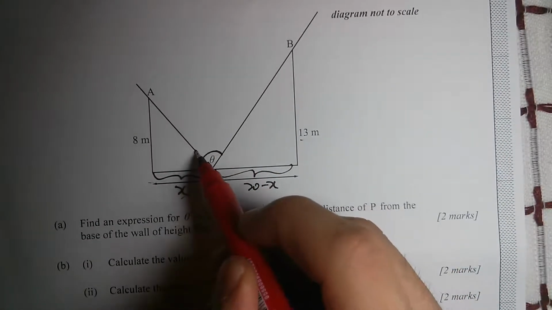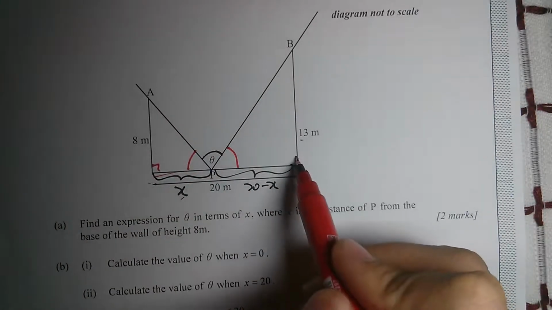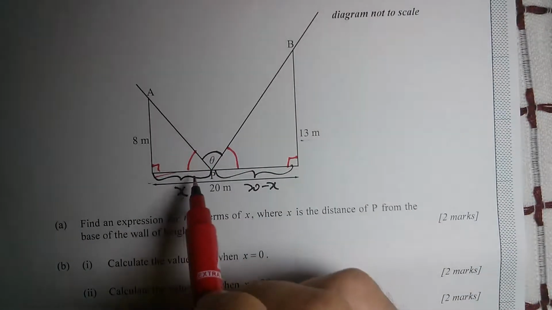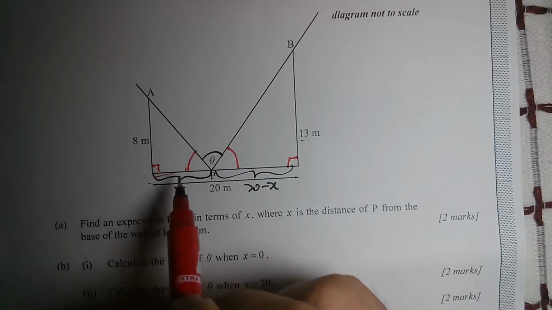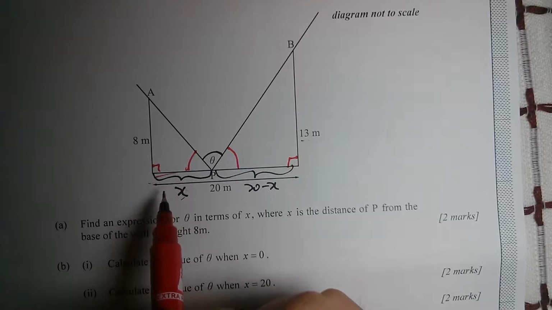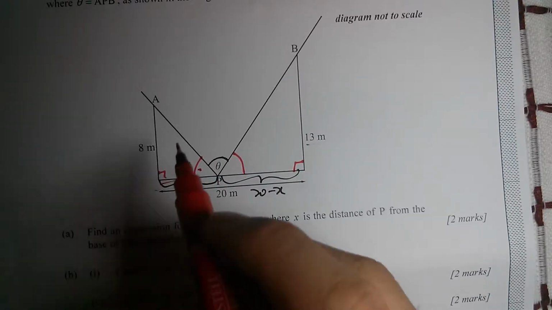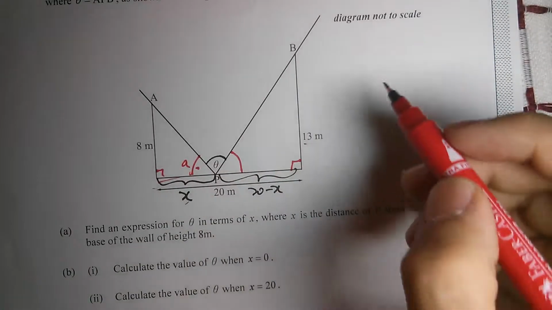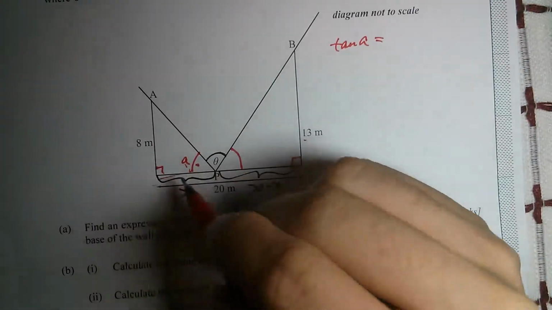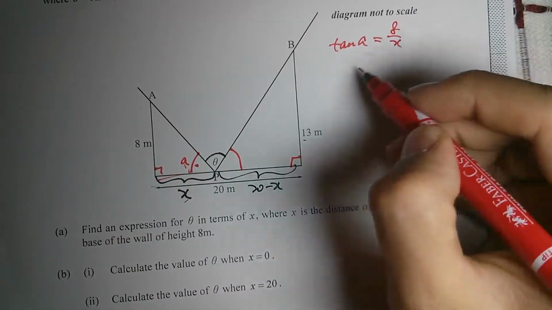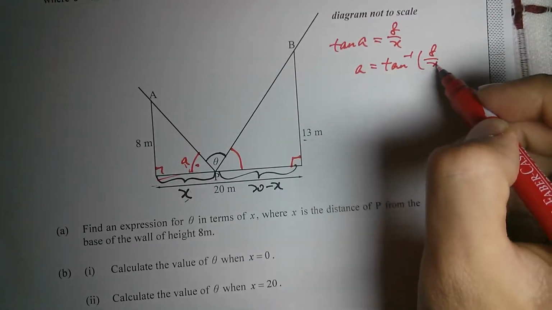Obviously, this angle and this angle belong to these two right-angled triangles. They are right angles because they're walls. Both angles can be expressed in terms of x with a little bit of trigonometry, sine, cosine, or tangent. So if we take tangent, let's call this angle A. We have tangent A equals h over x, which means A is arctangent of h over x.